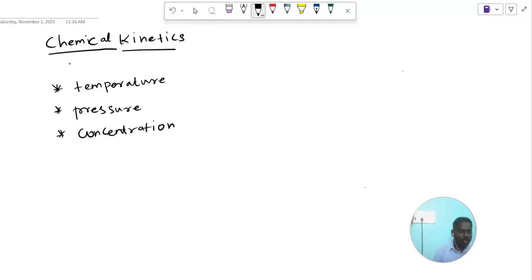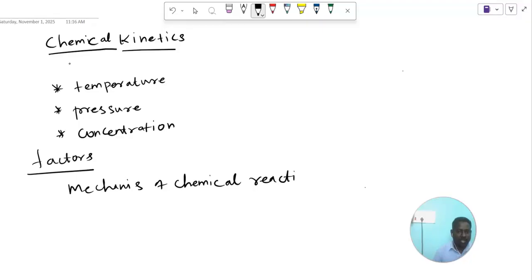It also helps to determine the factors that influence the rate of the reactions. So again the factors are nothing but temperature, pressure and concentration. It also helps to understand the mechanism of chemical reaction.